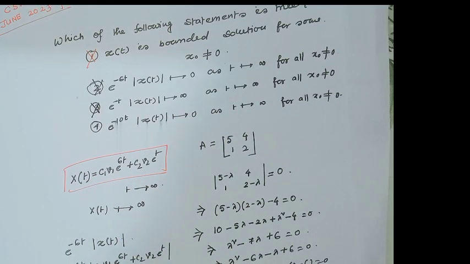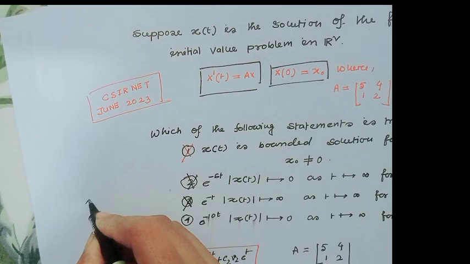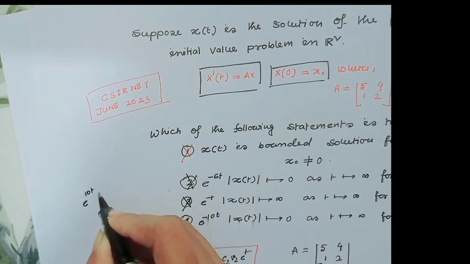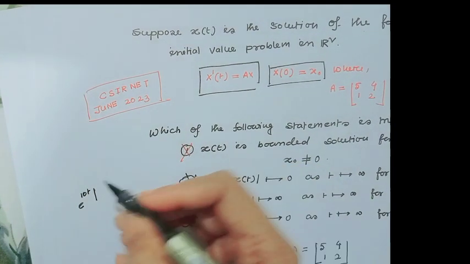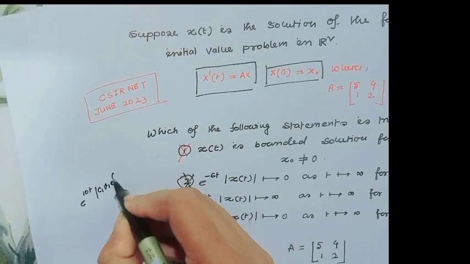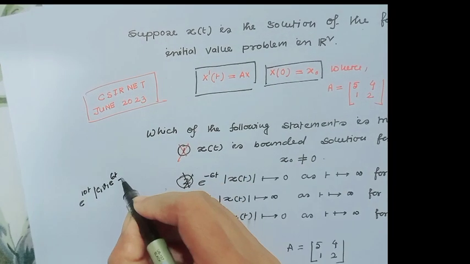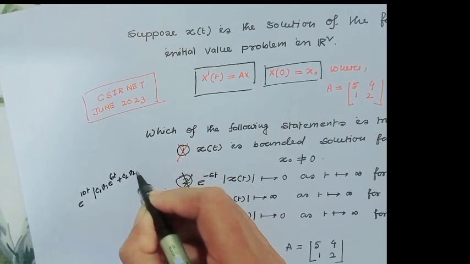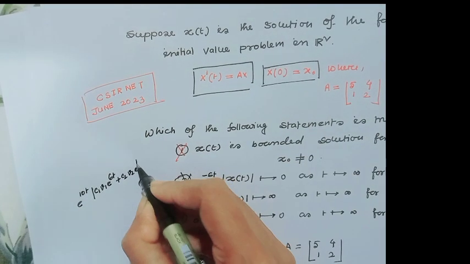And option 4: e to the power minus 10t times x(t). Here x(t) equals c1 v1 e to the power 6t plus c2 v2 e to the power t.